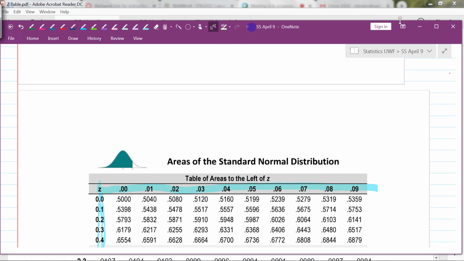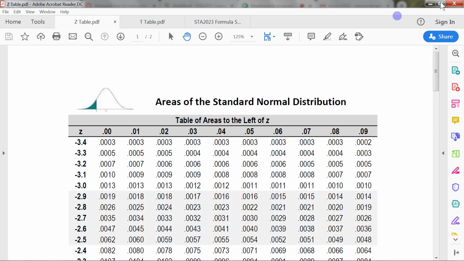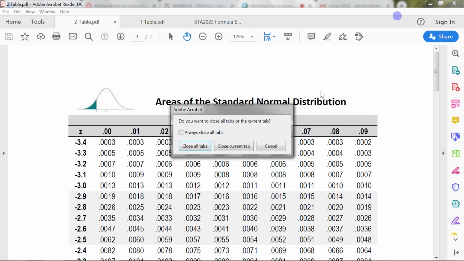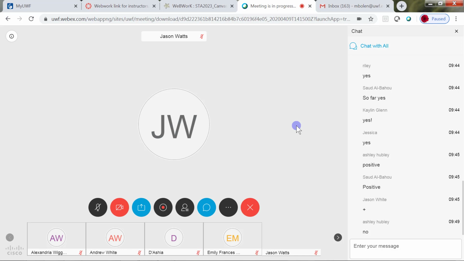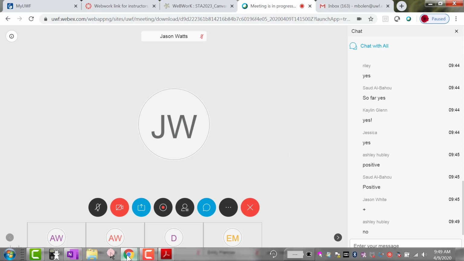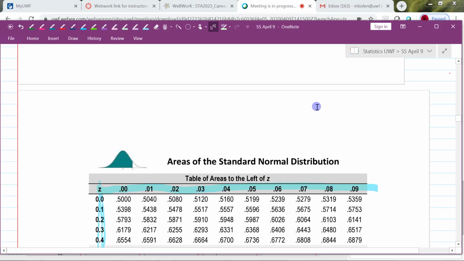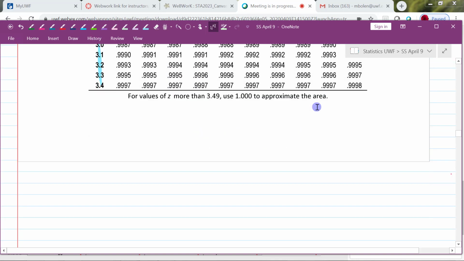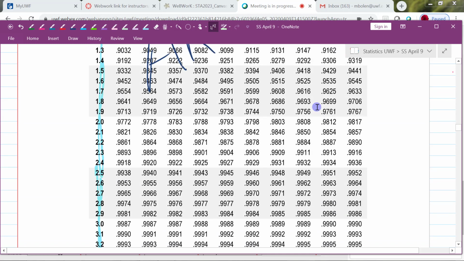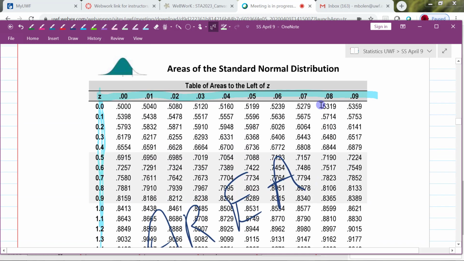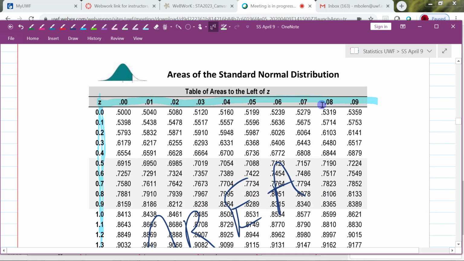They don't give an exact one. So let's see what we have. The closest one to me that I see is 0.83, positive 0.83.